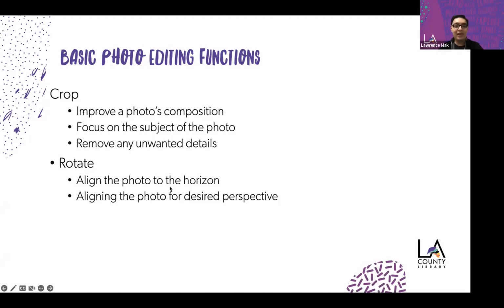And rotate is also great if, for whatever reason, when you take the photo, it's not perfectly aligned with the horizon or it's a little bit off, you can align the photo to your desired perspective.